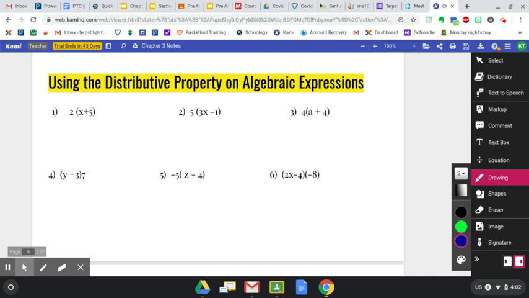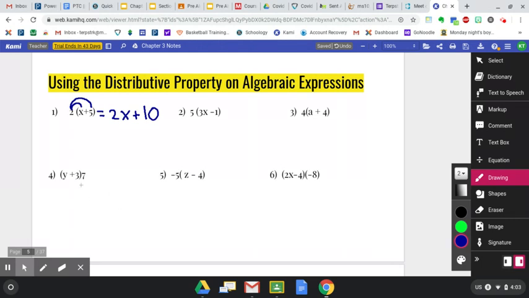So in order to simplify this or write an equivalent expression, I would take this outside number and multiply. 2 times x would be 2x. 2 times a positive 5 would be a positive 10. So that would be 2x plus 10. Nothing else I could do with that. I just multiply each term on the inside.